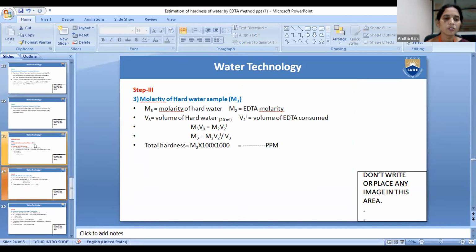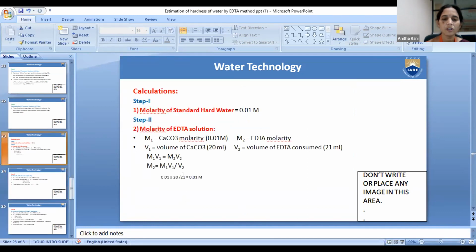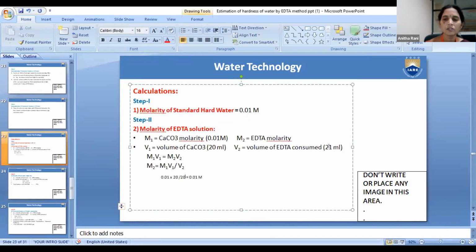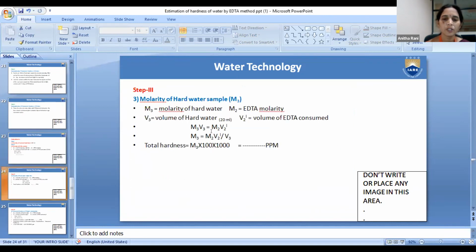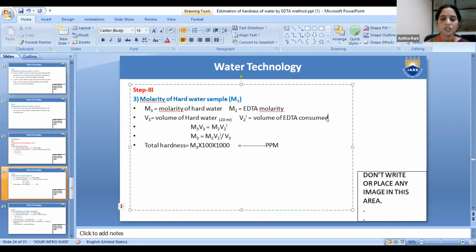Step 2, we got 0.01. So you can write M2 here, 0.01. V2 dash, how much volume of EDTA consumed? For example, I am writing here 10 ml. So M2 is 0.01 into 10.